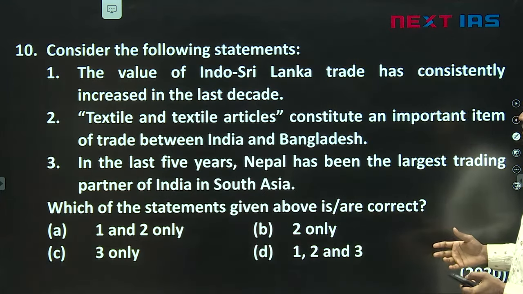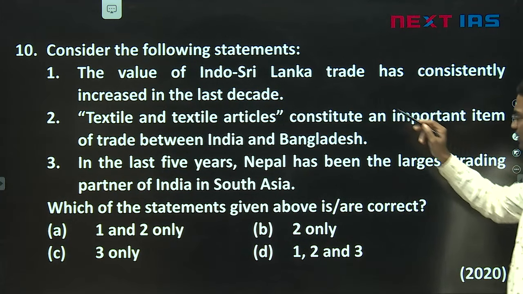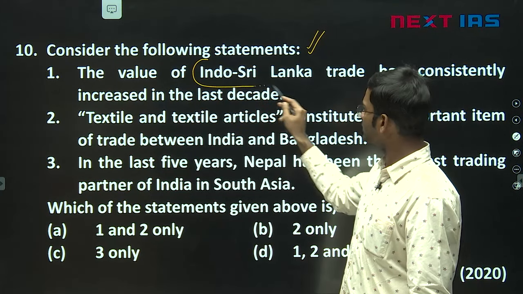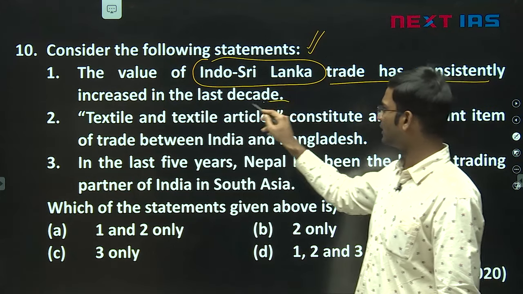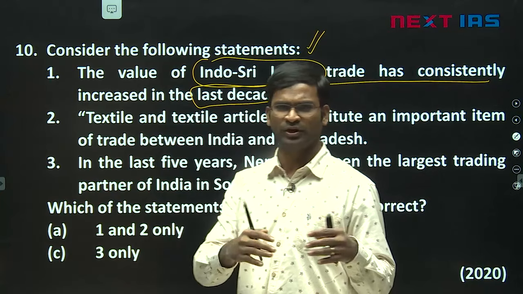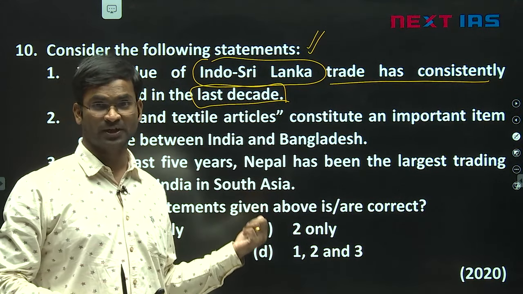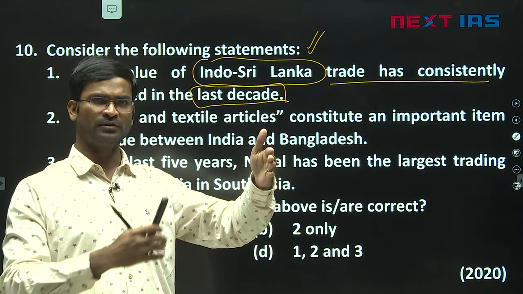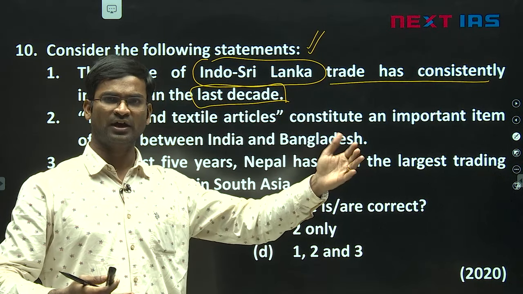Okay. Next question, see. Consider the following statements. Again a current affairs based question. The value of Indo-Sri Lanka trade has consistently increased in the last decade. Now it is not possible for us to read the trade data of each country, but whenever they analyze in the Economic Survey, they say, for example, today we are trading with Nepal in 9th position, tomorrow it became 10th or 11th.